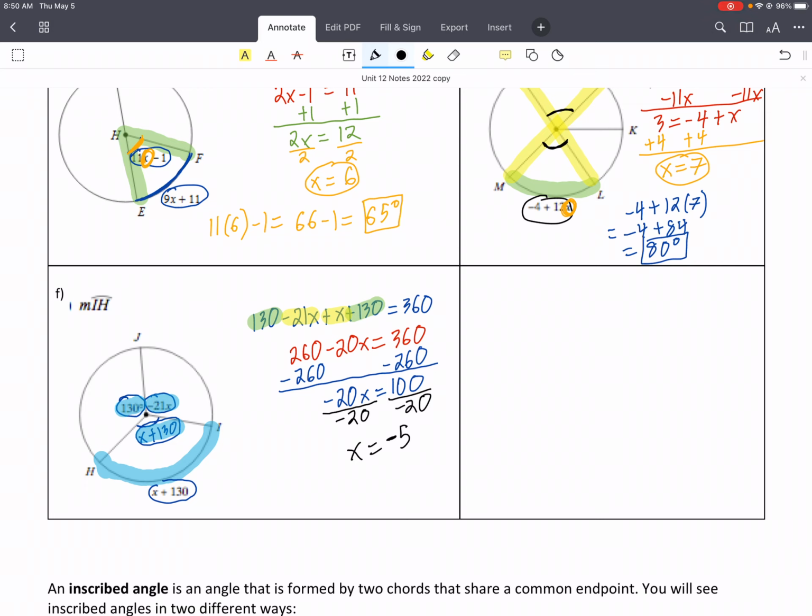But we want to find the measure, so what we have to do is take negative 5 and plug it in for x. So we have negative 5 plus 130. That's equal to 125 degrees. And voila. There we go.